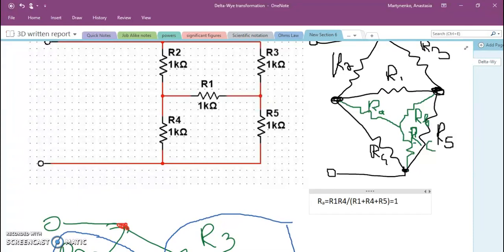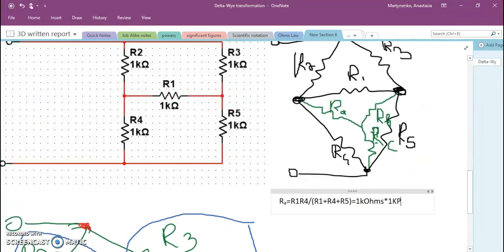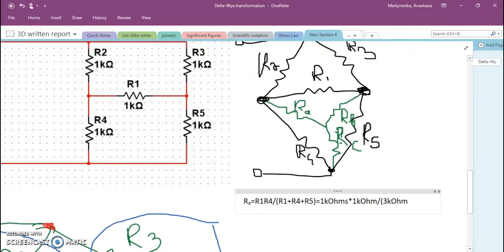So I have 1K ohm times 1K ohm divided by 3K ohm. All right, that makes sense. So the one on top is 1 mega ohm, right?